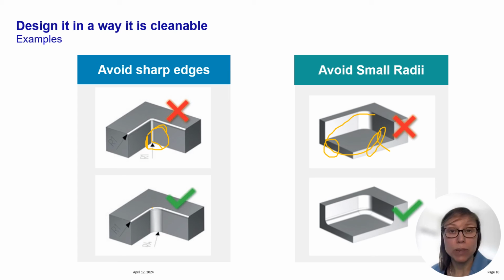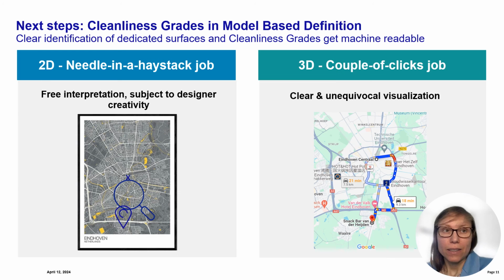That takes more to manufacture, but it pays off. And the part can be really complex with multiple cleanliness grades on it. And to easily understand the requirements, the next step is to bring the cleanliness grade in the 3D model.